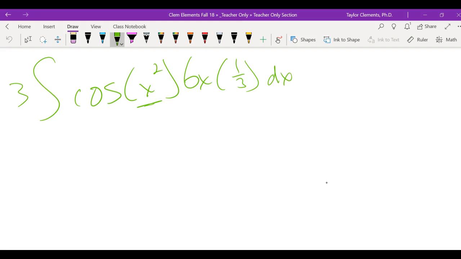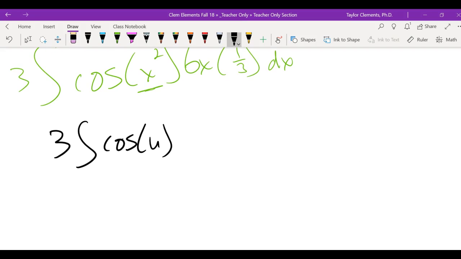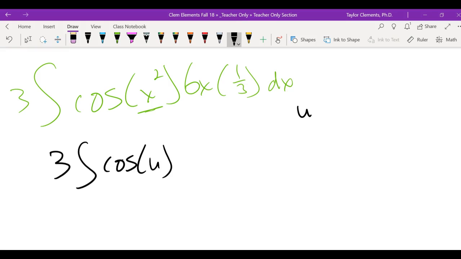So now, let's go and use the substitution again. That worked out well. So let's see. I'm going to let, that means I'm doing the integral of cosine of u. So u equals, and so far, u has just been the inside function.